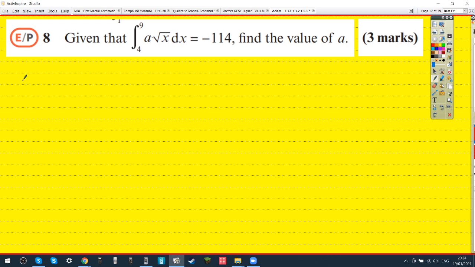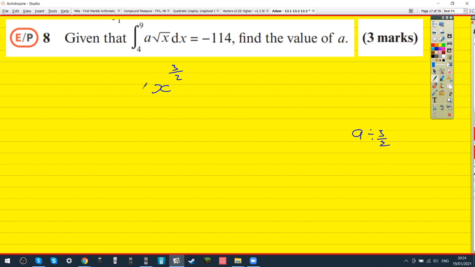So I integrated it and I got a over brackets 3 over 2 close brackets and then x to the power of 3 over 2. All right. What is a divided by 3 over 2? 1.5, so it'd be a over 1.5. Yep.